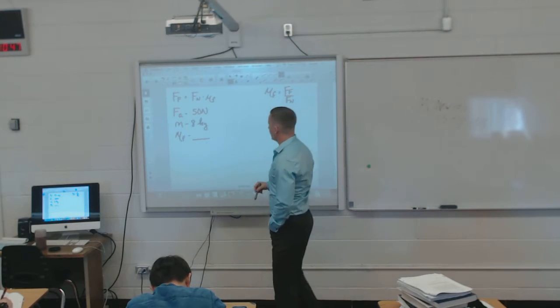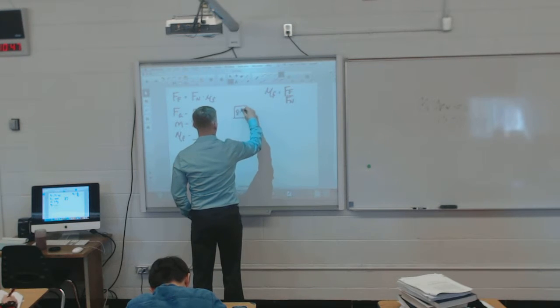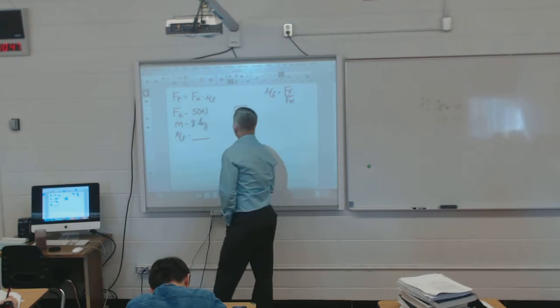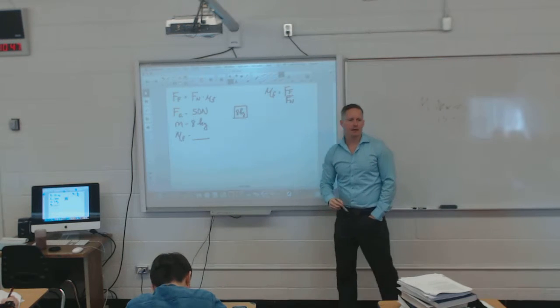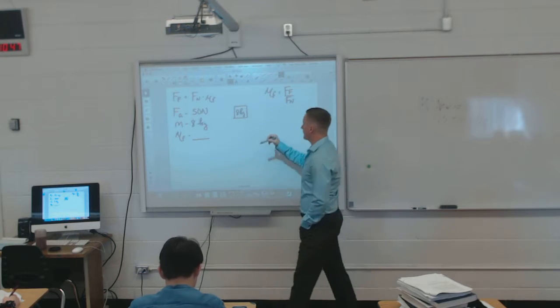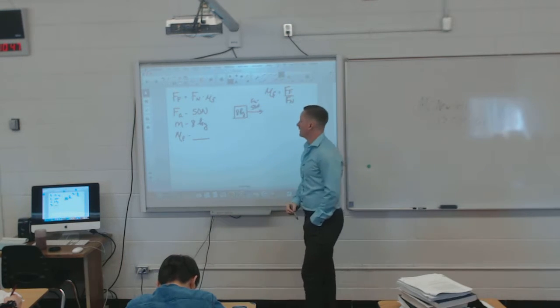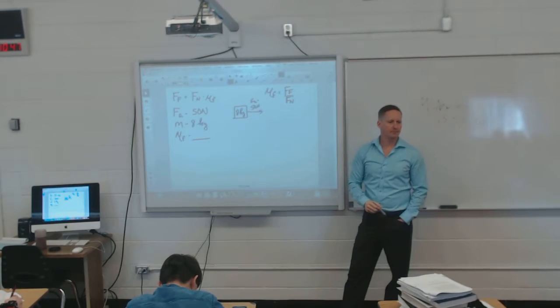So, there's the first thing. The second thing is, let's draw ourselves a picture. What are the forces acting on this? Force applied. So say it's moving to the right, 50 newtons, right? That's force applied. Okay? What else is acting on it?